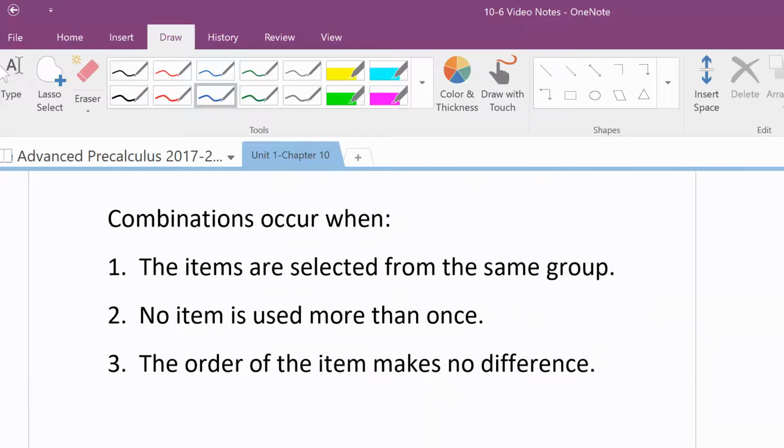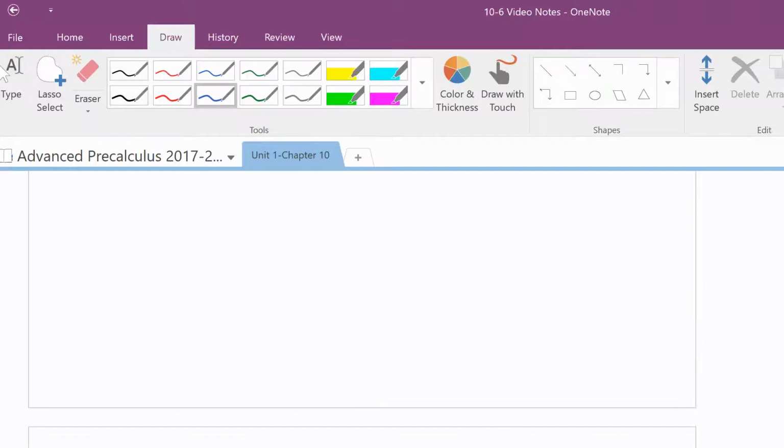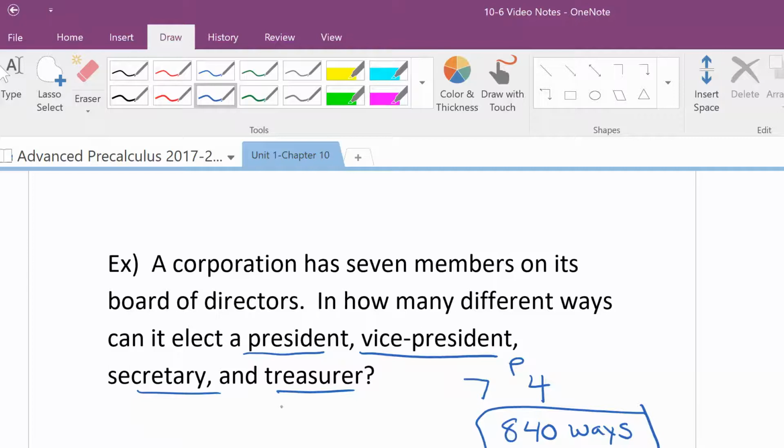All right, a combination is when you're selecting items from the same group. No item is used more than once, but the order doesn't matter. Let's say instead of picking a president, vice president, secretary, and treasurer, instead, let's say you just wanted to form a committee.